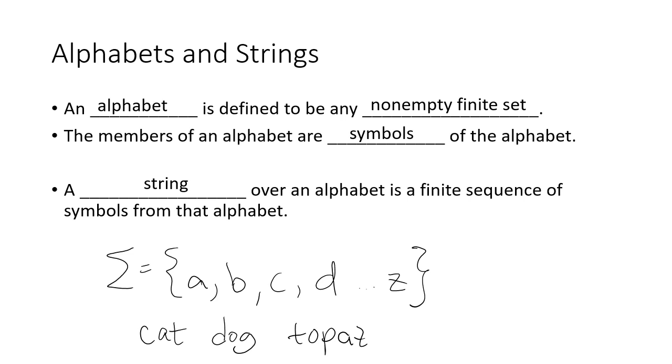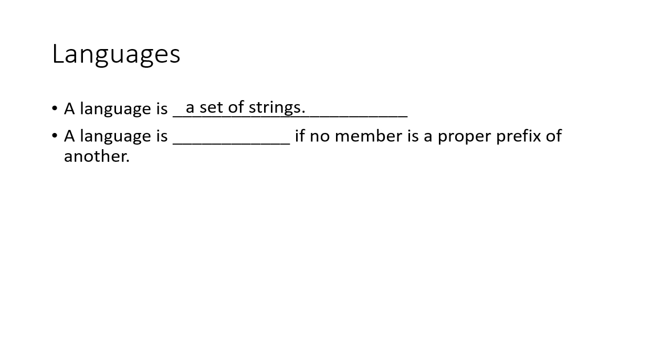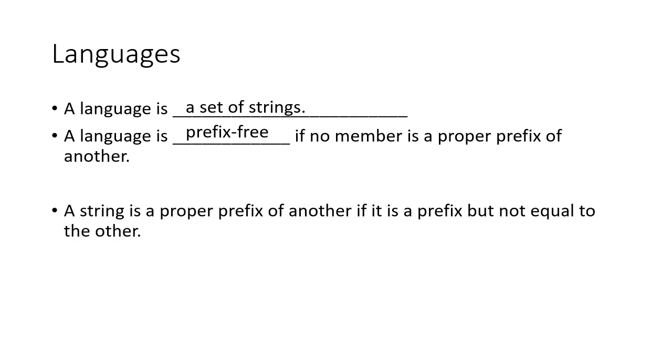Great. So now that we have an alphabet and we have this way to form strings from it, we can talk about languages. A language is just a set of strings. A language is known as prefix-free if no member is a proper prefix of another. So by the way, a string is a proper prefix of another if it is a prefix but not equal to the other. So let's continue the English language example.